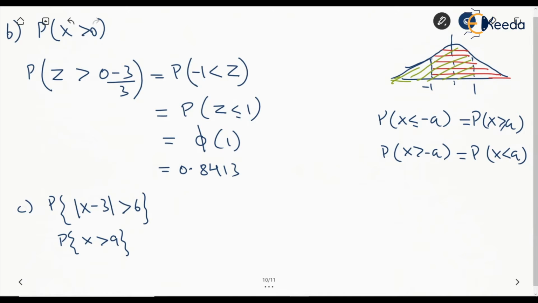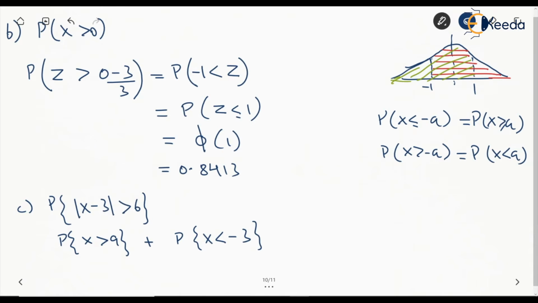Also, for this being less than minus 6, this will become minus 6 plus 3, which is minus 3. So x less than minus 3, right? There are two possibilities. It can either be x greater than 9, or it can be less than minus 3, right?